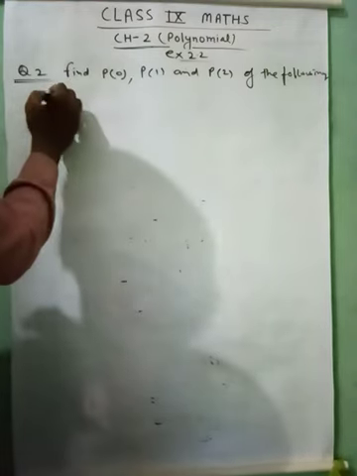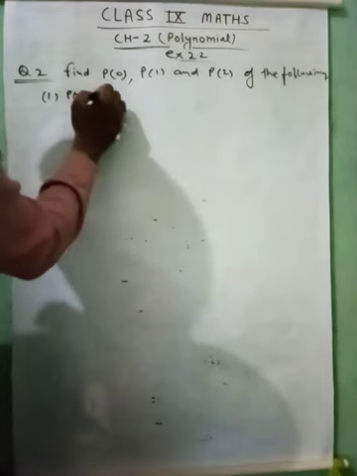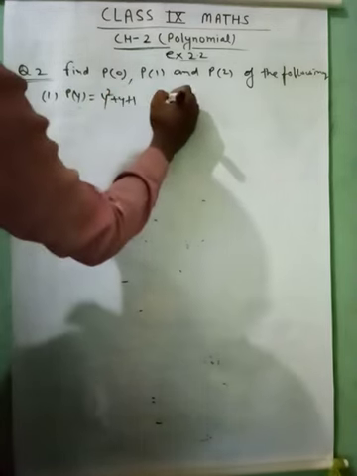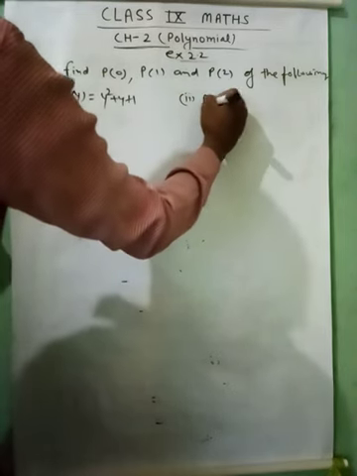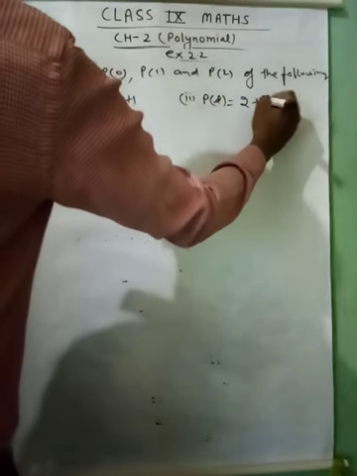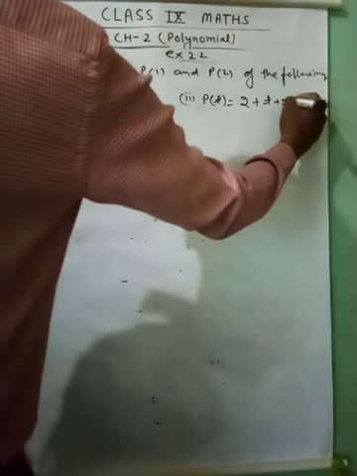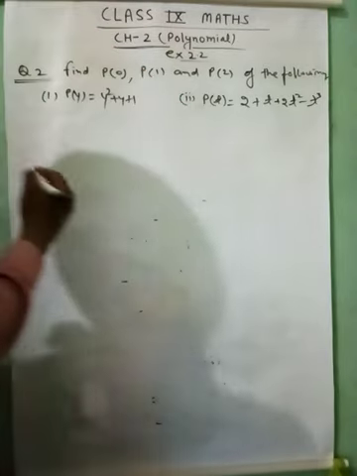Question number first is p(y) is equal to y square plus y plus 1. Question number second is p(t) is equal to 2 plus t plus 2t square minus t cube.